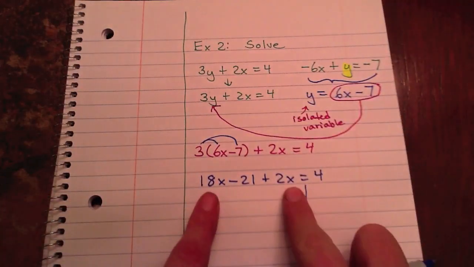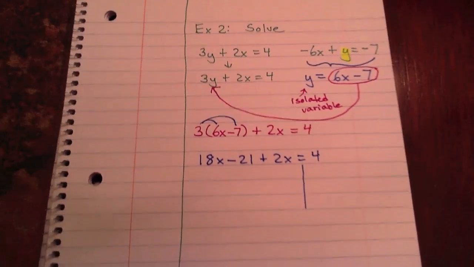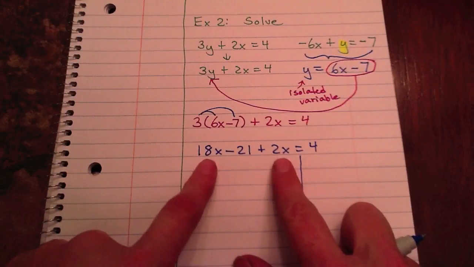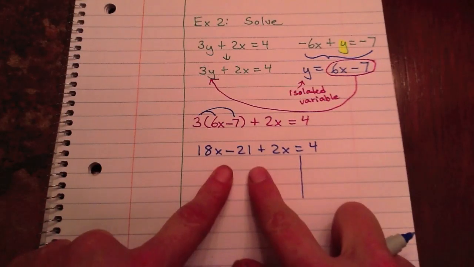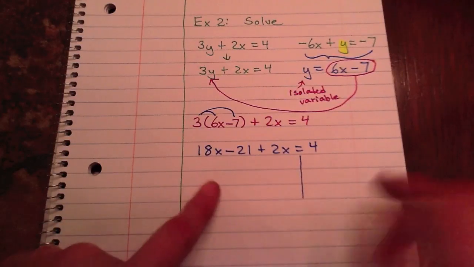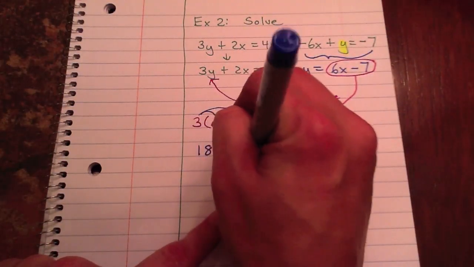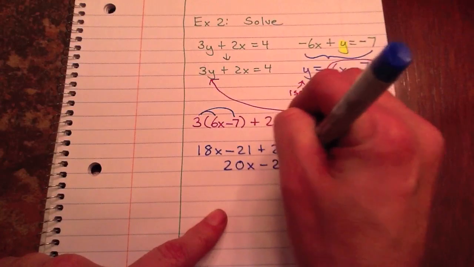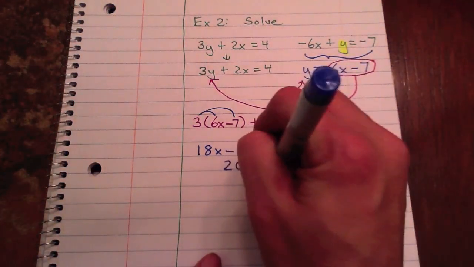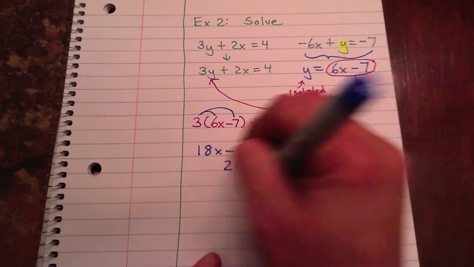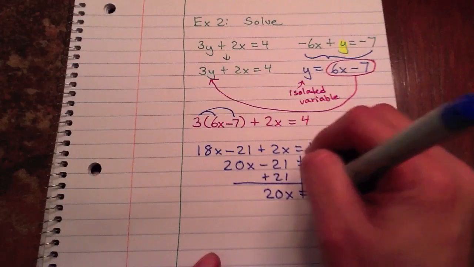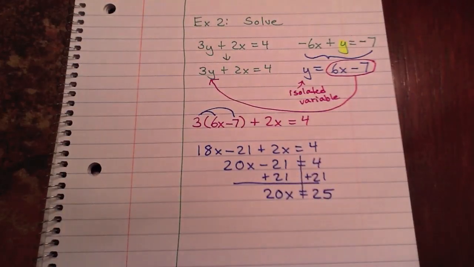And now I'm going to solve for x. 18x and 2x are on the same side, so I just add them. Remember, you're only doing the opposite when you're moving across that line. So I end up with 20x subtracting 21 equals 4. Now I'm going to add 21 to both sides, and I end up with 20x equals 25.